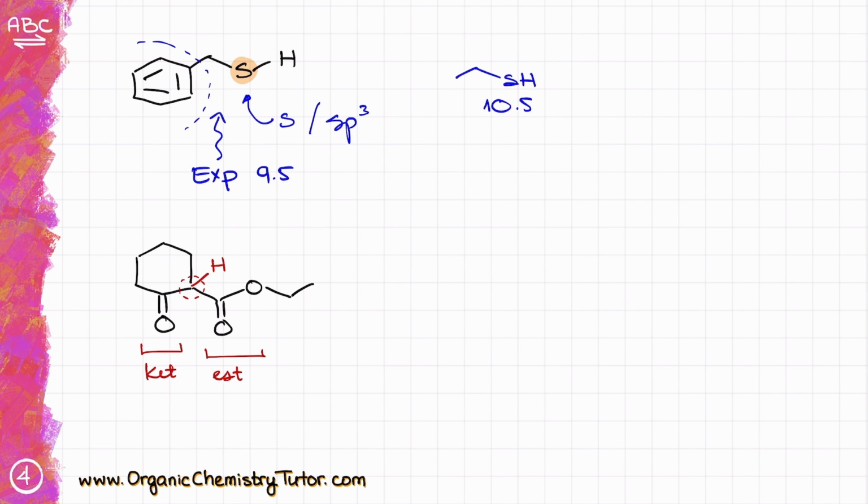Now, in my pKa table, the closest thing that I can find that resembles something of that sort is going to be acetylacetone over here, which has specifically those two hydrogens in the middle of the molecule between the two carbonyls as well. In this case, if I were to look up the pKa value for that, that's going to be roughly 9.2.